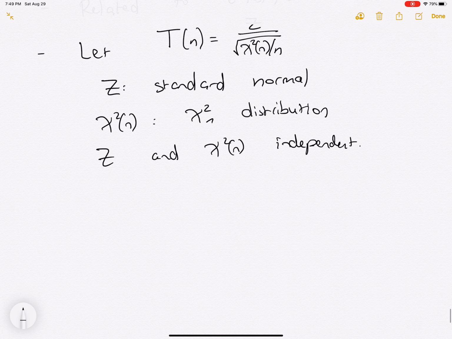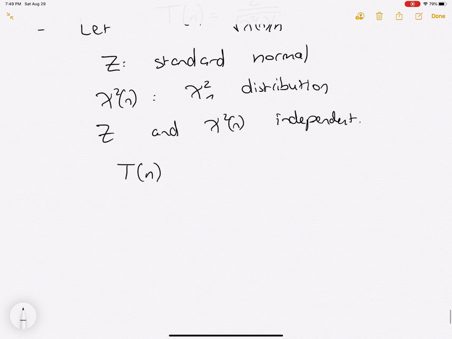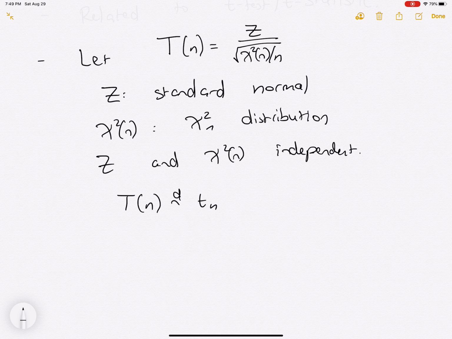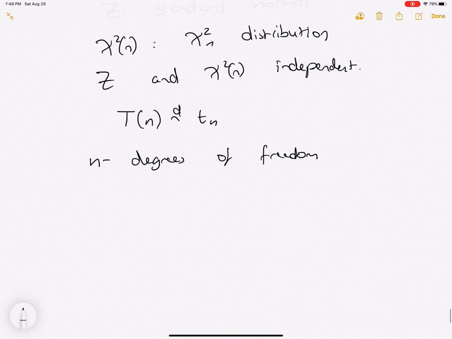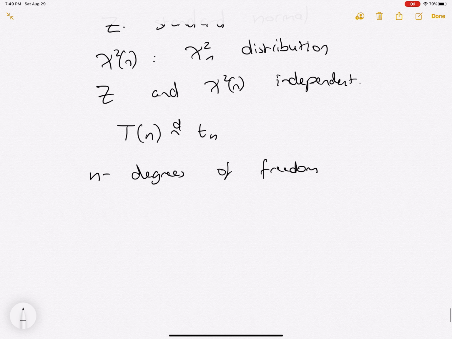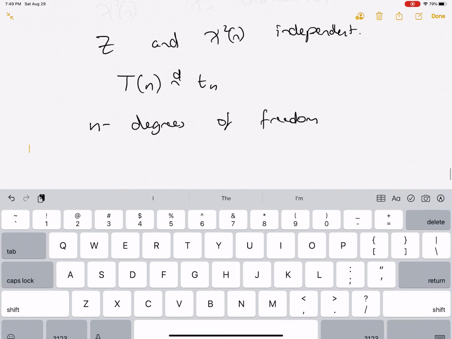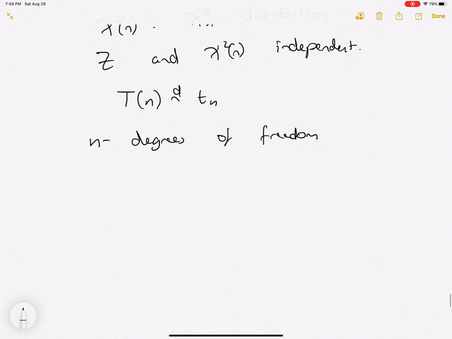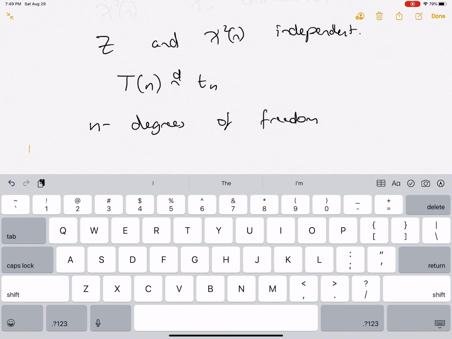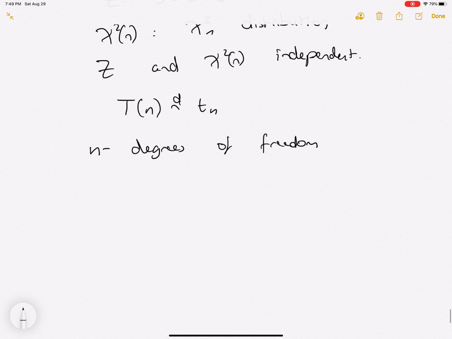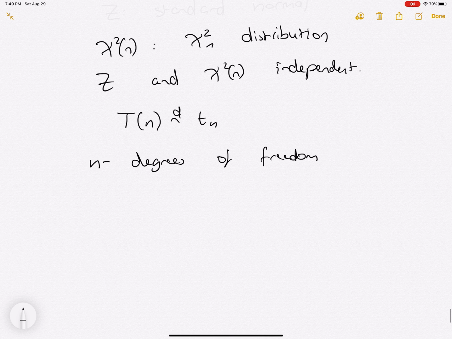Then we say that T of n is a t distribution with n degrees of freedom. So once again, n is the degrees of freedom. This is basically how the t distribution gets constructed.